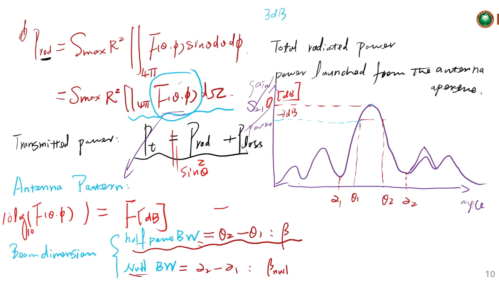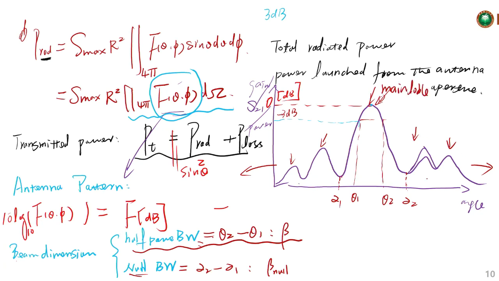Another thing that we want to know is, for the applications, we want our beam to be much more concentrated. Actually, if we look at this beam pattern here, we can see there are 1 part, 2 part, 3 part, 4 part, and 5 part. And actually, there are so many other parts, on the left side and on the right side. What we want is just this part, right? We want to use this part, so we call it the main lobe.